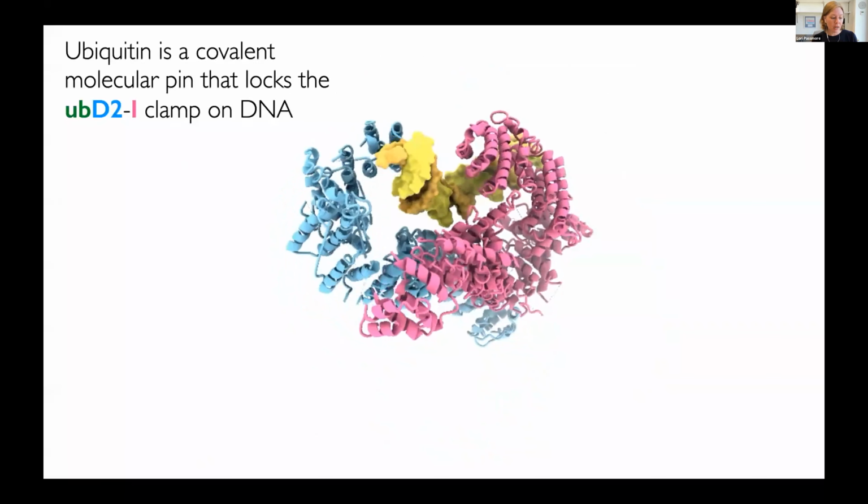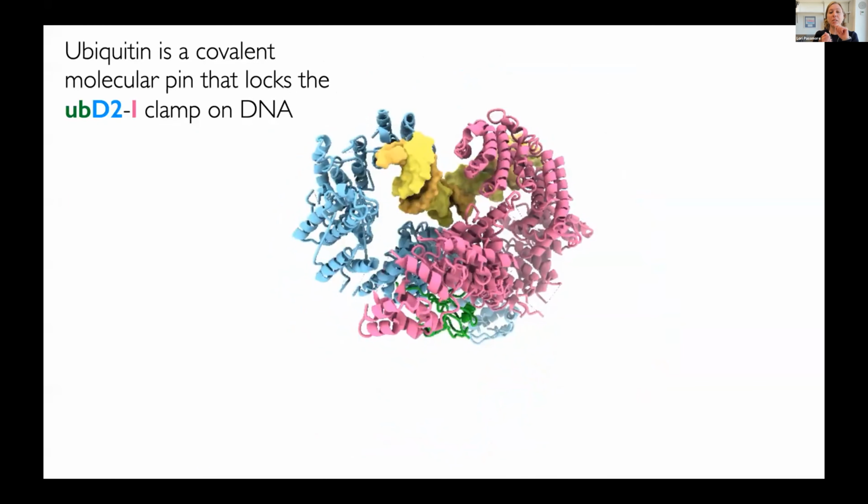Together, our structure and biochemistry explains why and how DNA stimulates FANC-D2 monoubiquitination. The complex binds to double-stranded DNA, promoting closure of the heterodimer, exposing the ubiquitination site on the backside of the complex, and allowing access to the activated E2 and E3. We also hypothesized that ubiquitin acts as a covalent molecular pin, locking the closed heterodimer on DNA and preventing it from rotating back to the open D2I conformation.